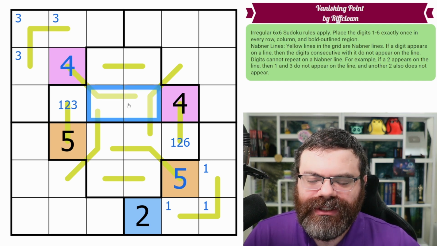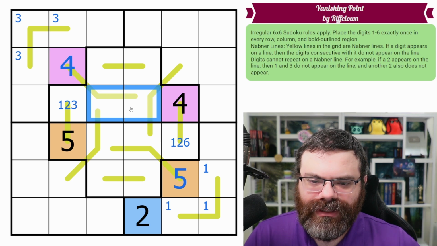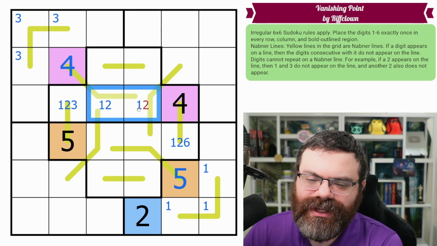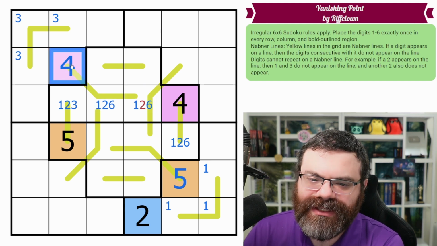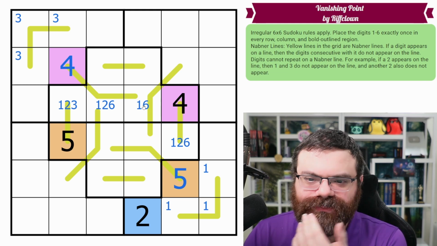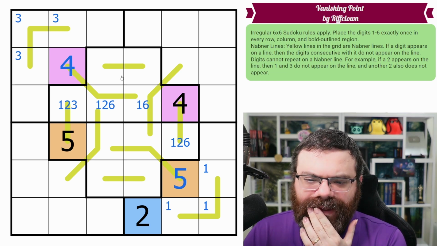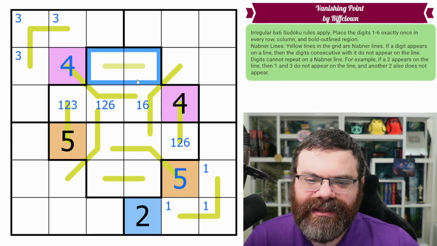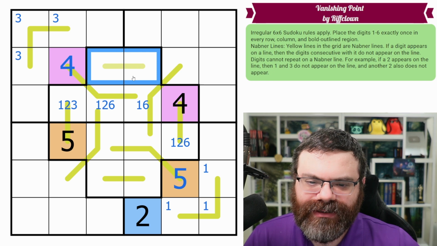So I need a 1, 2 on here, and I need a 5, 6 on here. So, okay, so 1, 2, 5, 6, but not a 5, because there's already a 4 on there, and this can't be 2. So that is actually quite restricted. Now, these are not allowed to be consecutive, so we've got to be a little bit careful here.